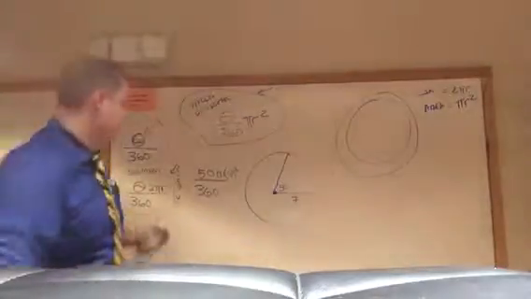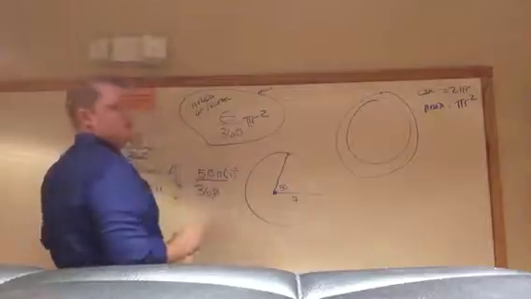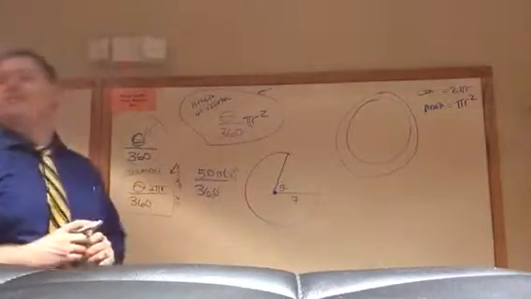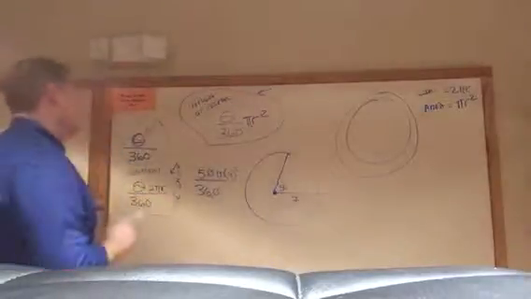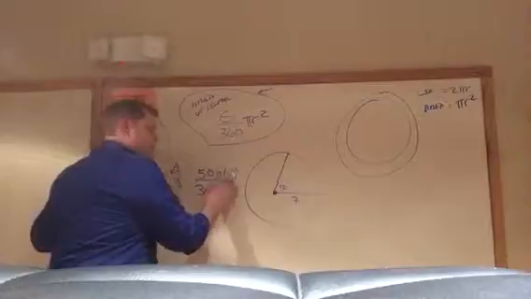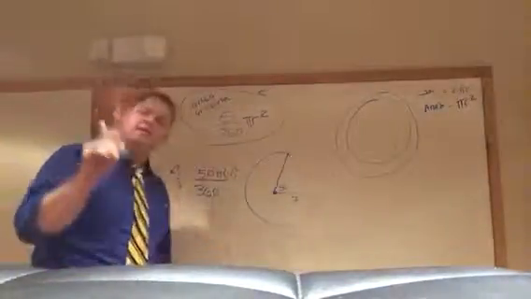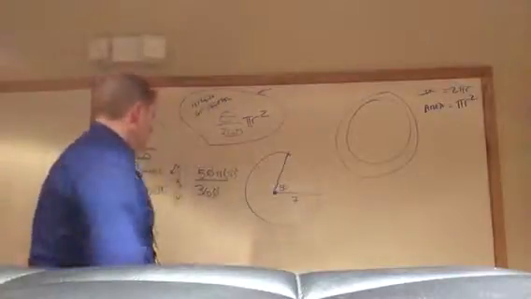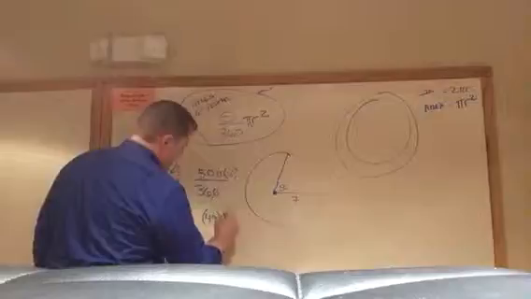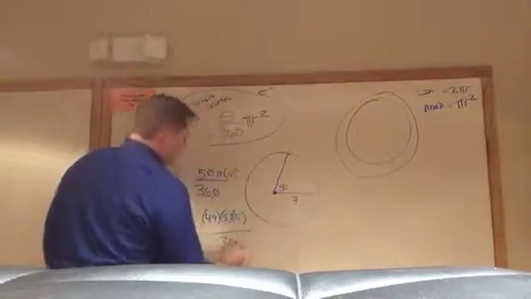So, step 1, eliminate what you can. 0, 0. 5 goes into 36 how many times? Anybody? Anybody in the back? 5 does not go into 36 at all. So we're done. 7 times 7 is 49. 49 times 5 times pi all over 36.